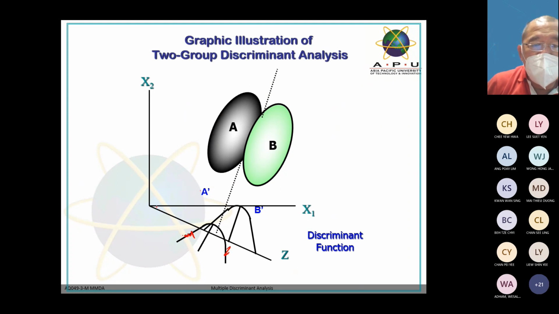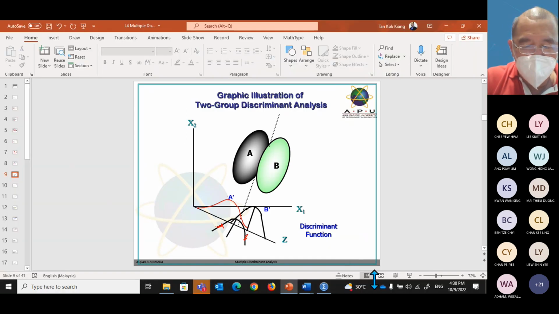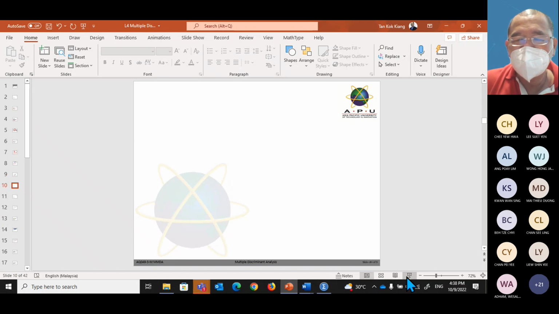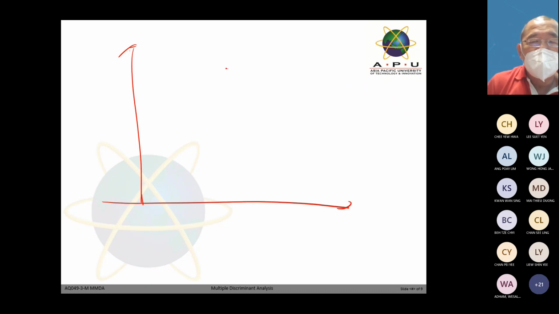A prime will be something like this, but still not too good. Okay, it's okay. Draw a new one. My drawing not too good, but I try. Okay, something like this.